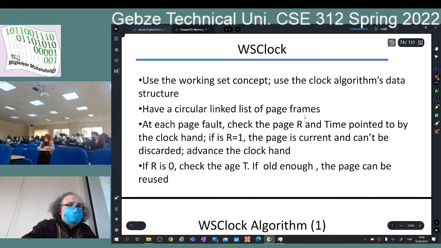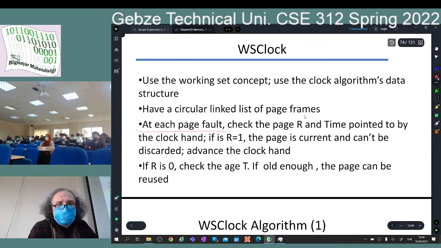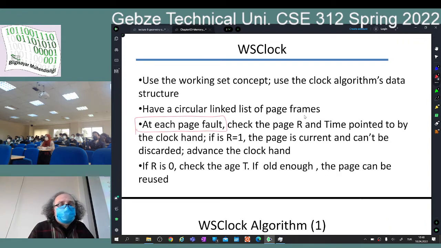If R is 0, then I check its age. If it is old enough, then I can replace that page. This happens when there is a page fault.